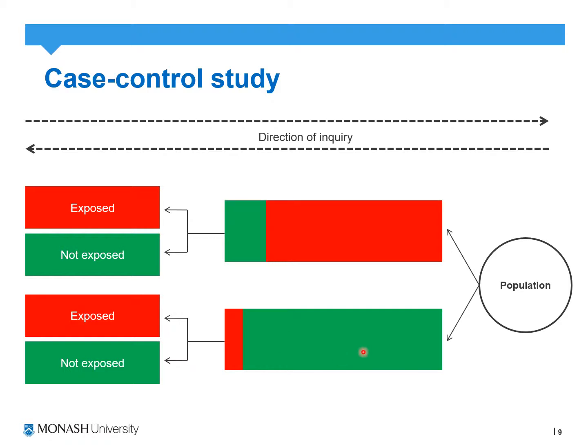Conversely, those controls who did not get screened for colorectal cancer, we might identify that the overwhelming majority decided not to take up the opportunity to take the FOBT that was posted out to them.